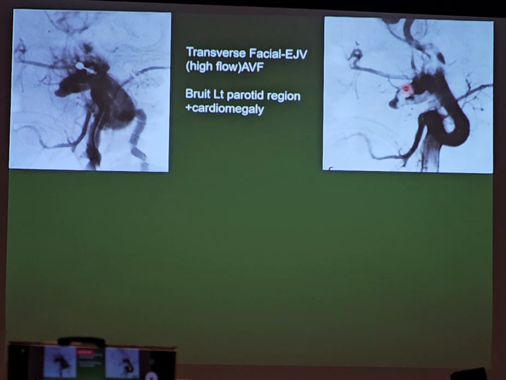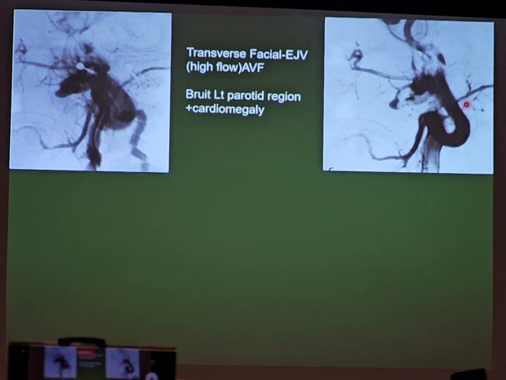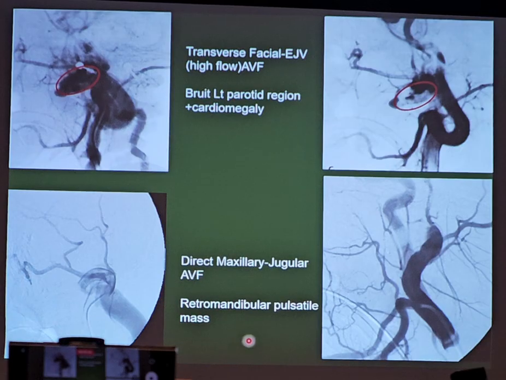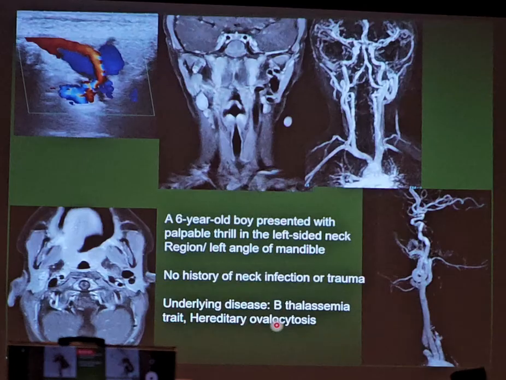The embolic material was put there, now no more fistulas, and the rest of the normal artery was seen. In this case you still see the veins with the catheter over there, and the embolic material was already stopped at the fistula point. This is a direct maxillary to jugular arteriovenous fistula.